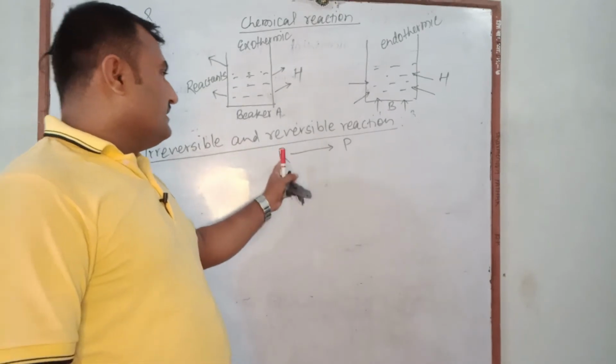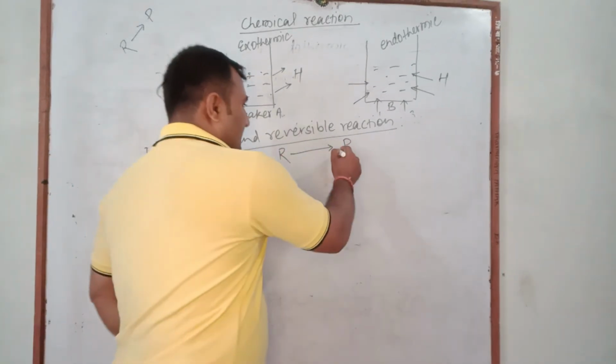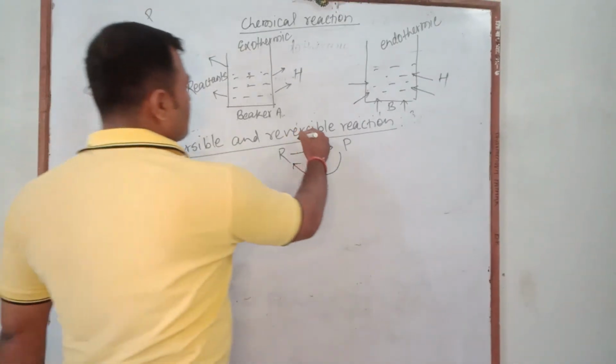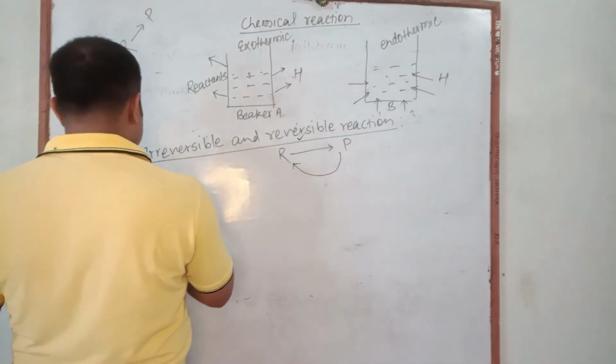If reactants change into product and at the same time product changes into reactant, then it is called a reversible reaction.